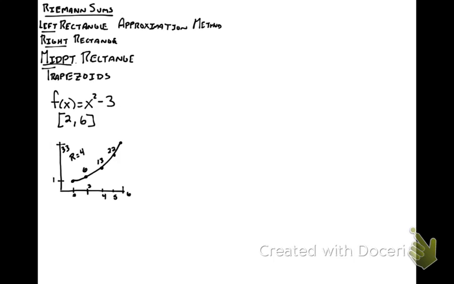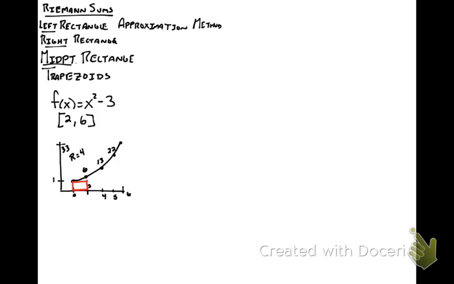The left rectangle method just basically means that I'm going to have rectangles, and the left side of the rectangle will touch the curve. I'll draw my rectangles here in red. Here's my first rectangle, going from (2, 1) to (3, 1).